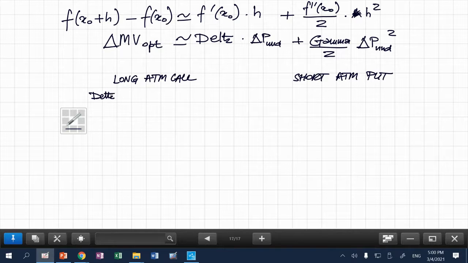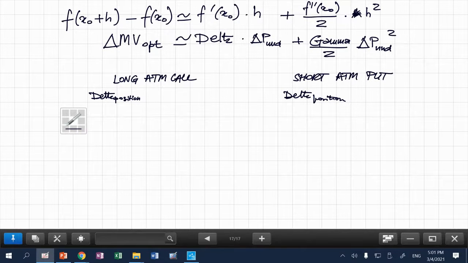Consider for a second which is going to be the delta of each of the two positions. By saying the delta of the position, I mean not just the delta of the option, but the delta of the option considering whether I buy or sell, okay?